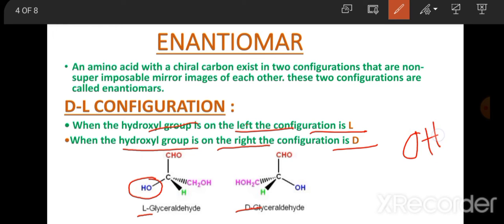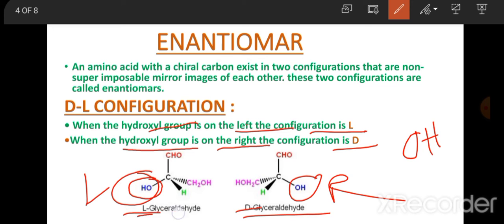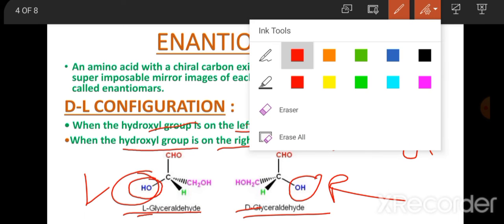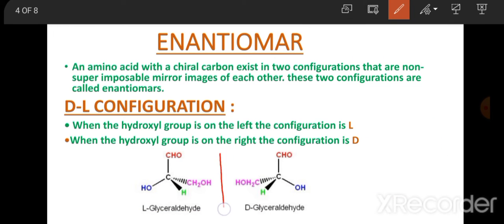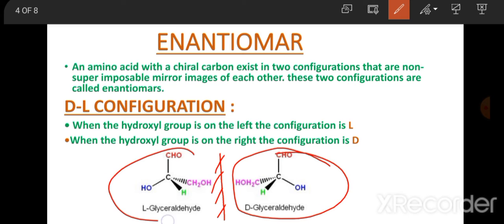The OH is on the left side here and on the right side here, so this is D and this is L. Suppose a mirror is present here, then we see the opposite image. This is the enantiomer and DL configuration.